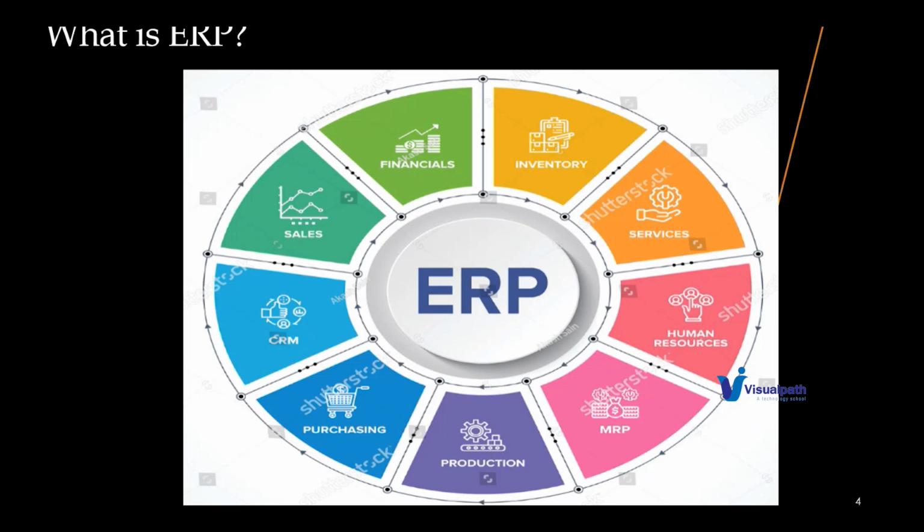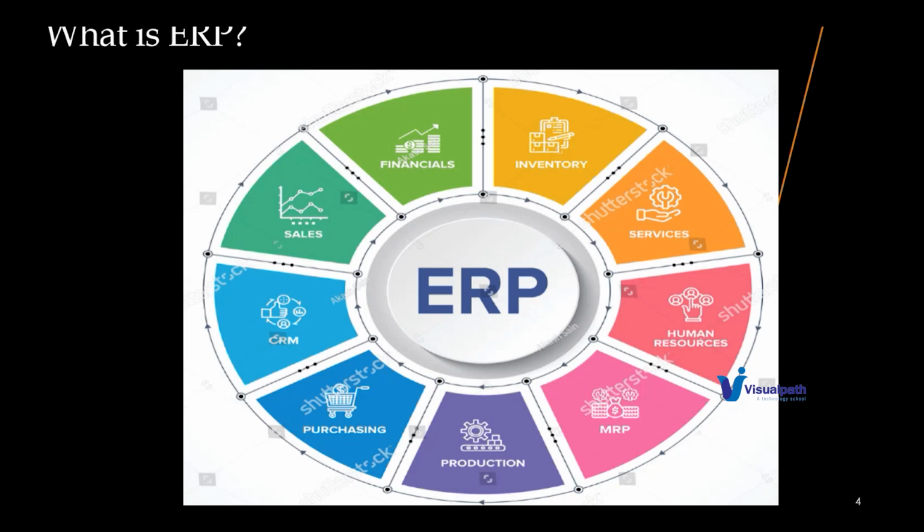Now the second slide that we have is ERP. ERP stands for Enterprise Resource Planning. Why do we need to know about this ERP now? Because the product Dynamics 365 Finance and Operations, we call it an ERP product. We need to know about ERP before we come to know this F&O.